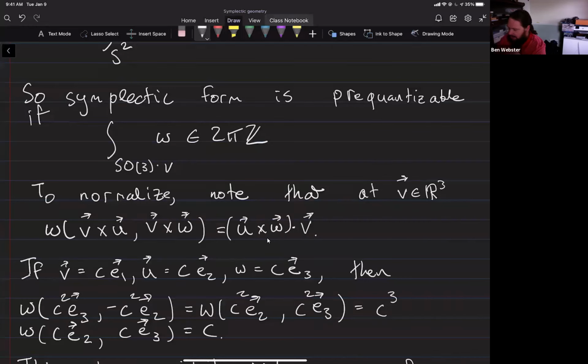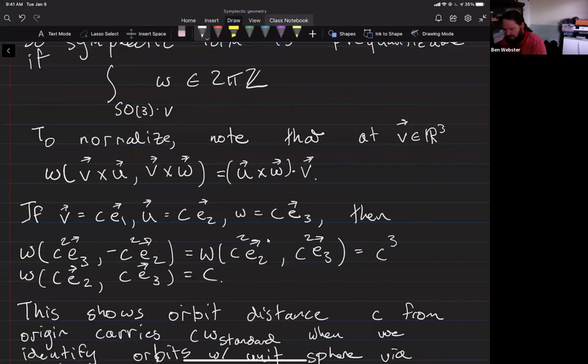So you can think of the symplectic form at a point V in R3 as: take two orthogonal vectors, which are thus in the tangent space to the orbit, two vectors that are orthogonal to V, and the symplectic form is the cross product of those dotted with V. All right, so you can calculate that what happens here is if I start at one unit vector times a scalar c, look at the other two unit vectors times that same scalar.